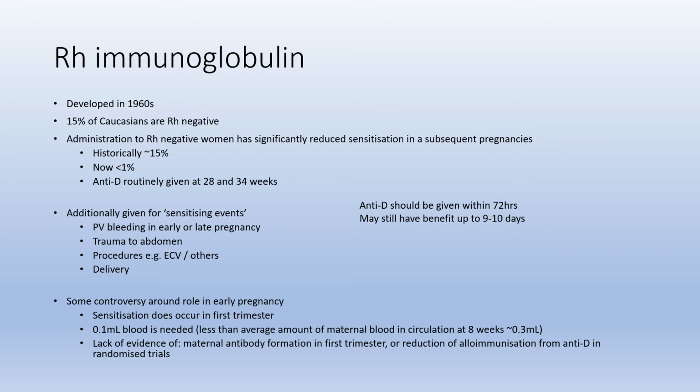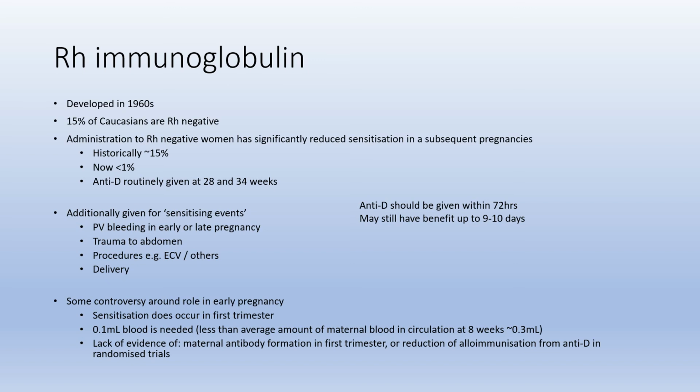Having said this, there's a lack of evidence that there is maternal antibody formation from sensitizing events in the first trimester, or there's a reduction of alloimmunisation from anti-D administration in small randomised control trials in early pregnancy. I think knowing this is important and acknowledging the controversy, but just understanding that it's probably best to operate within the guidelines of your institution, and that these things are probably going to be something that change over the next 5, 10, 15 years.